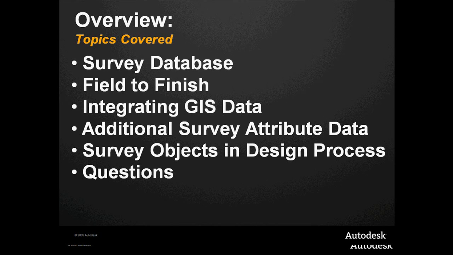So I'll show an example where we can use it for trees, but it's also a mechanism we can use for, say, we go out and we shoot rims on structures, and then have somebody go back later and measure down inverts. We can add those inverts back to the database, have it automatically subtracted from the rims so that we're not calculating inverts. And if my data updates, my inverts will update as well. All right, so we'll take a look at an example of that.